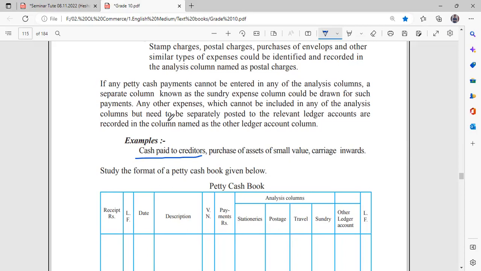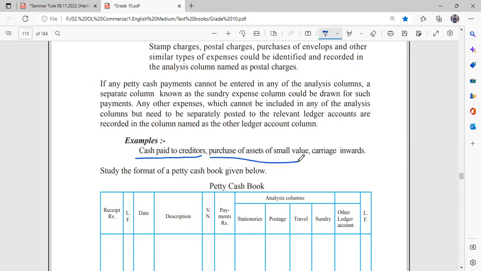If we paid a creditor from the petty cash, we need to record it on the debit side of the relevant creditor's account, right? So what is the double entry for cash paid to creditors? Petty cash book credit, because we paid using the petty cash book, and relevant creditors account debit, right?